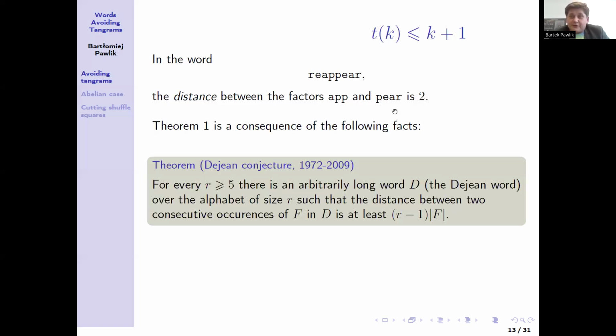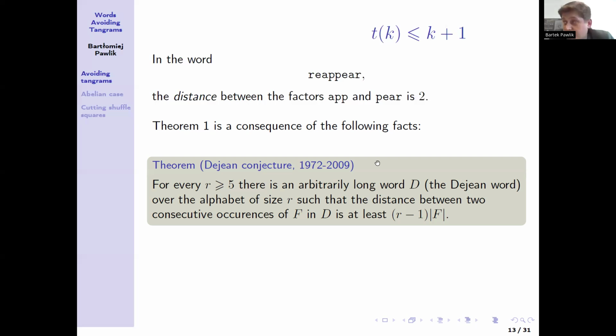And now I can formulate the de Jonge conjecture, celebrated and well-known de Jonge conjecture, which is in fact a theorem. Now, for every r greater or equal 5, there's an arbitrarily long word d over the alphabet of size r, such that the distance between two consecutive occurrences of f in d is at least r minus 1.